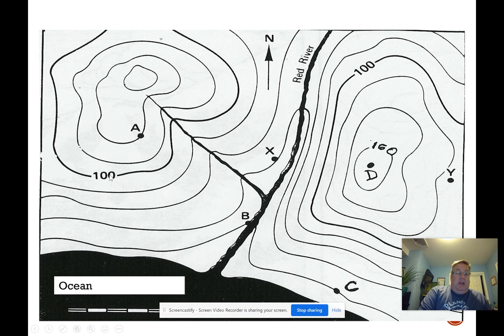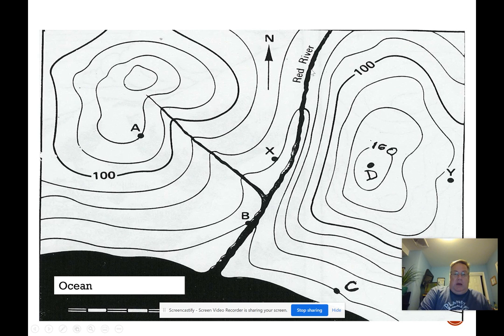If you didn't do it that way, on the right-hand side, I have 160 circling the D here. And then it goes from 100, 1, 2, 3 lines to 160. So 160 minus 100 is 60. Divided by 3 is 20.